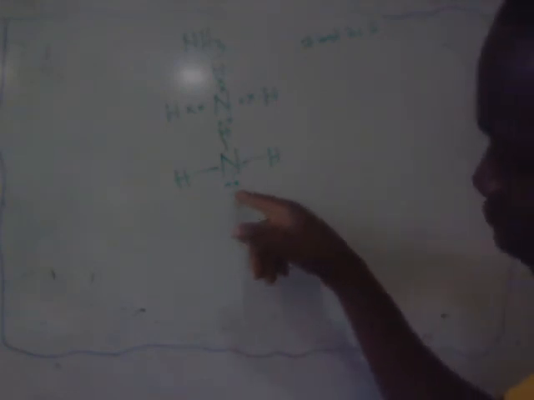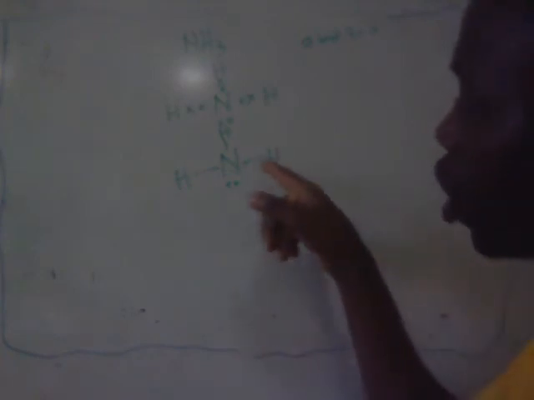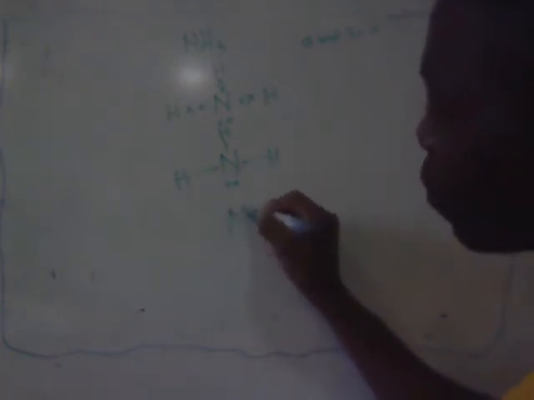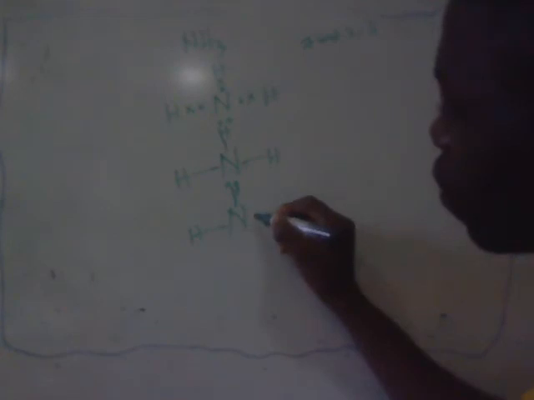So what is the function of this 1 lone pair of electrons? It will push one of the bonds aside. It will bend one of the bonds. Are you there? So like this, nitrogen bond. This one is straight hydrogen, this one is straight hydrogen, and it bonds like this, hydrogen.